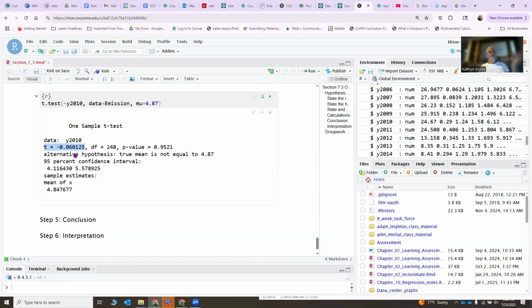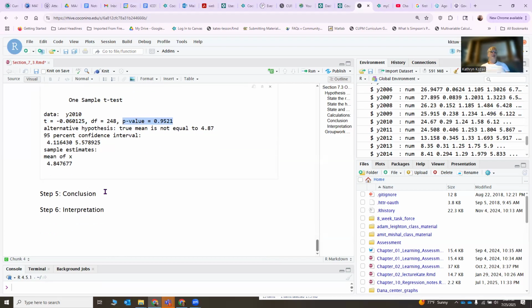We get a negative number that tells me it probably is less, but the p-value is not small enough, so we can't reject H0. So our conclusion here is to fail to reject H0 since the p-value is greater than 1%. That was my alpha level.